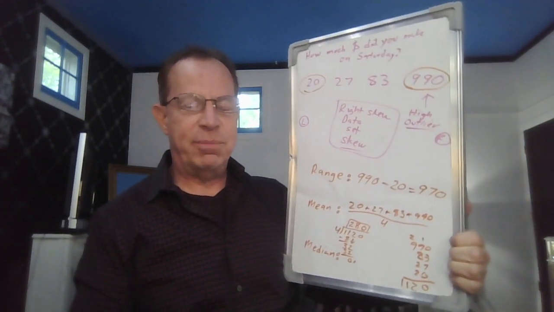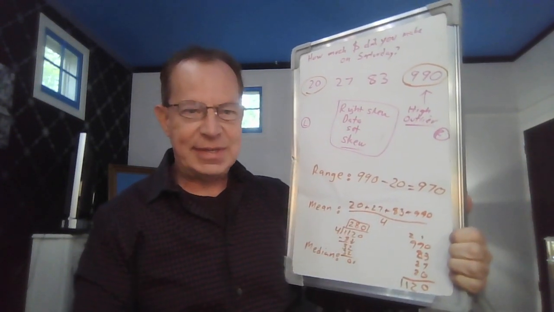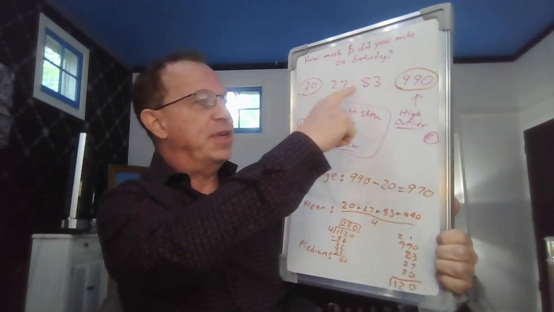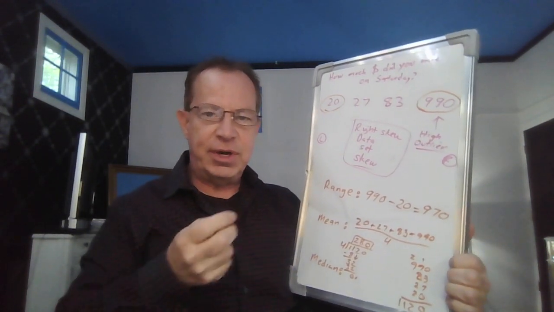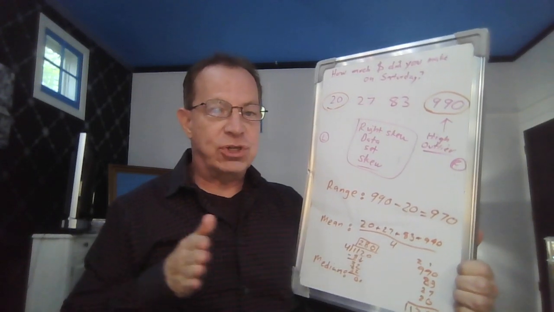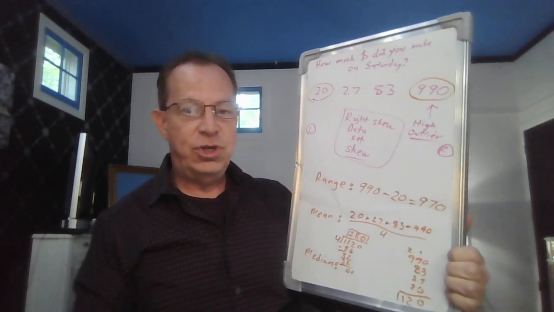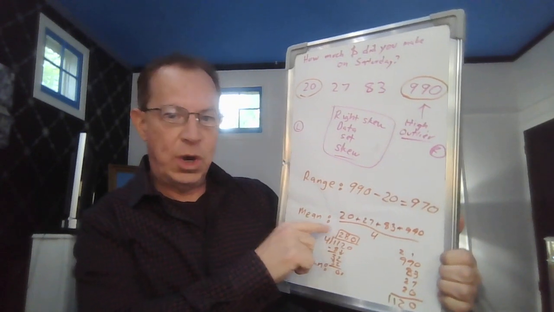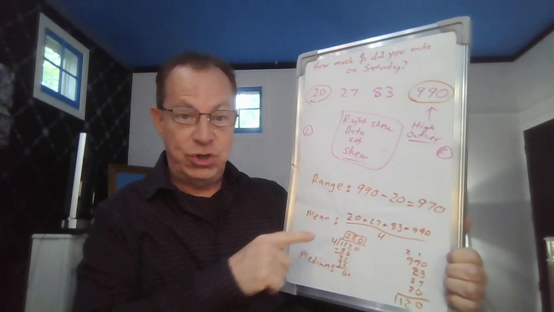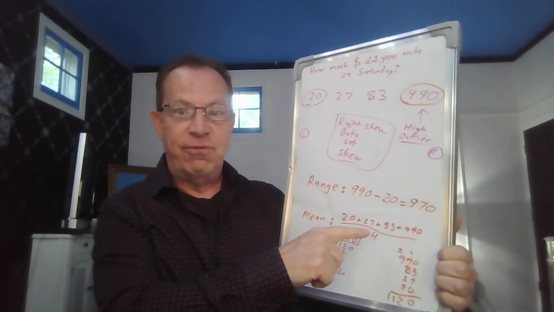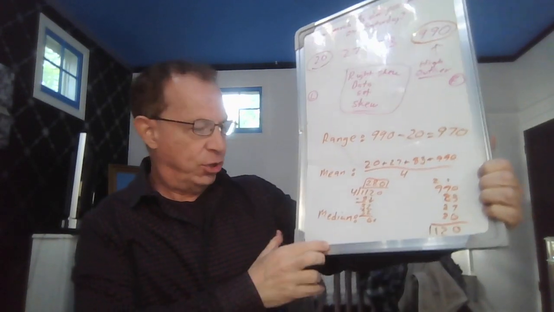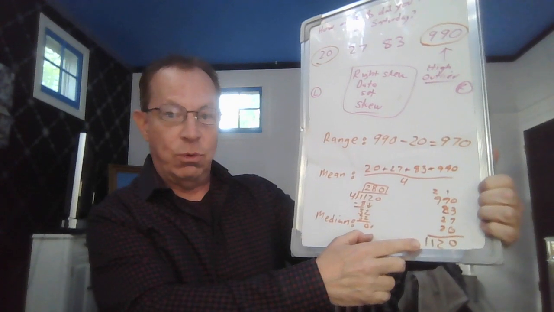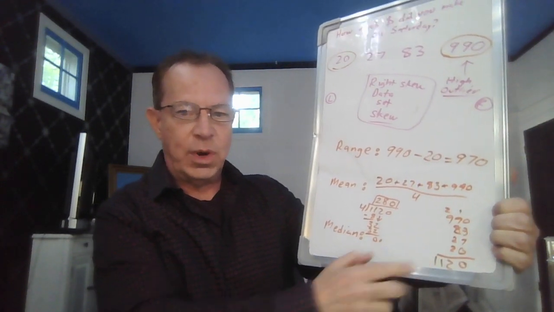And if you step back from this, what does that say? Well, that says that if we took all of this money and put it in one pile and then redistributed it into equal amounts to all four people, each person would get $280. And that $280 times the four people would bring us back to our total value, which was 1120.